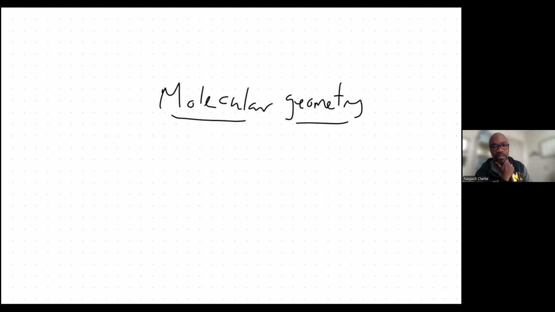So in a previous video, we talked about Lewis structures. So for example, let's take something like carbon dioxide. Now, there's a concept called VSEPR theory.